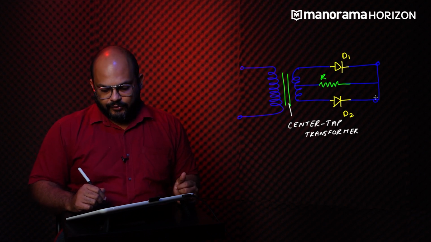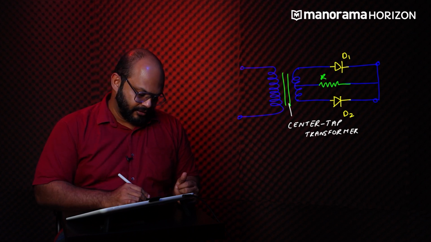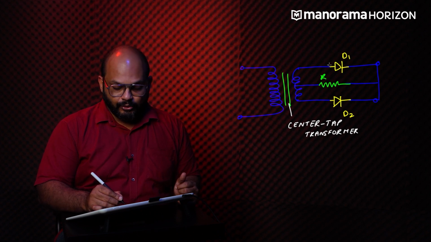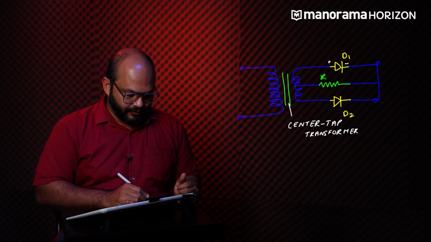Now, how will this device work? Well, for the positive half cycle, you will notice that D1 is in forward bias, but D2 is in reverse bias.